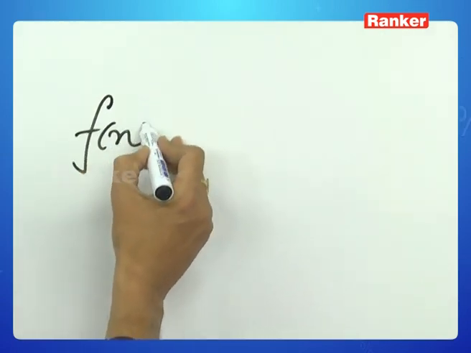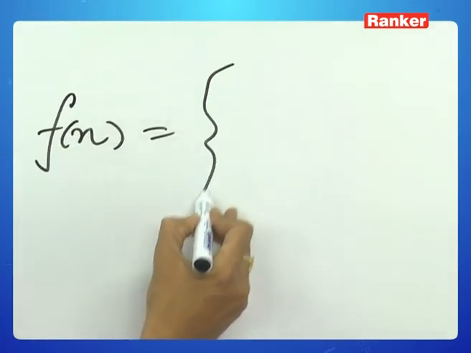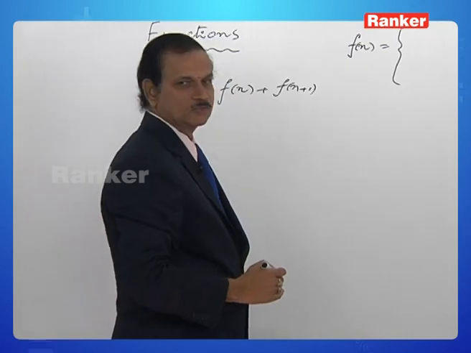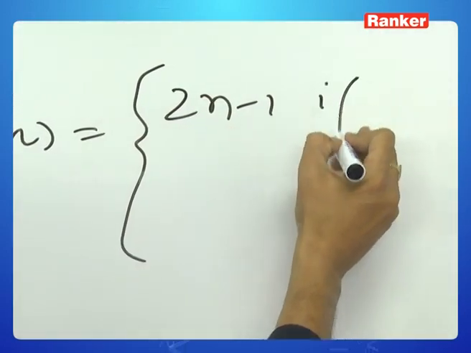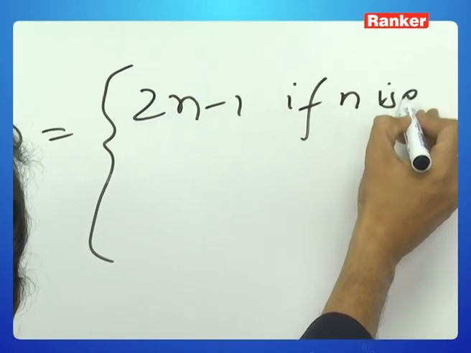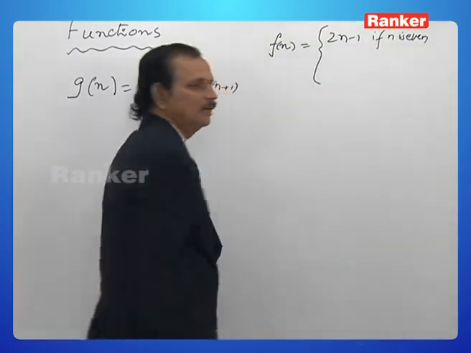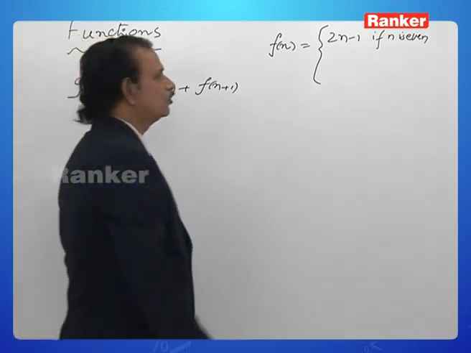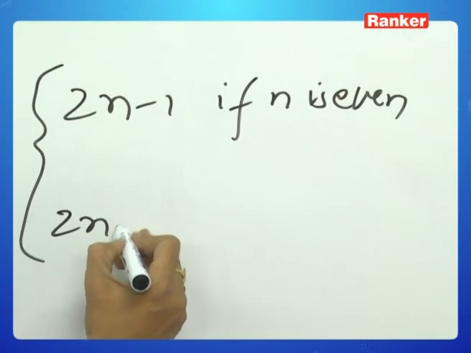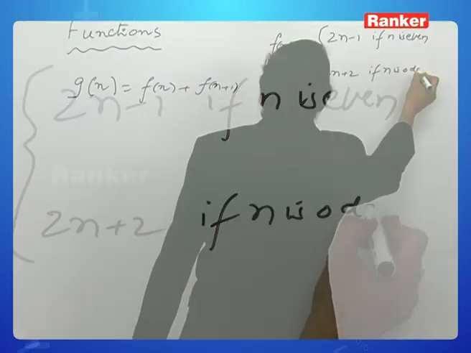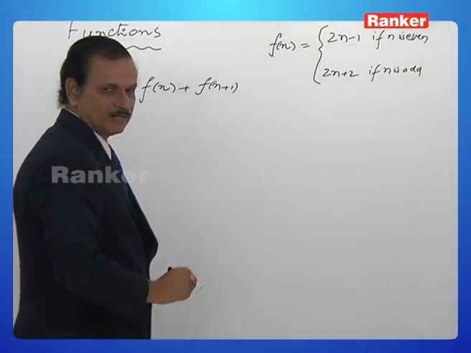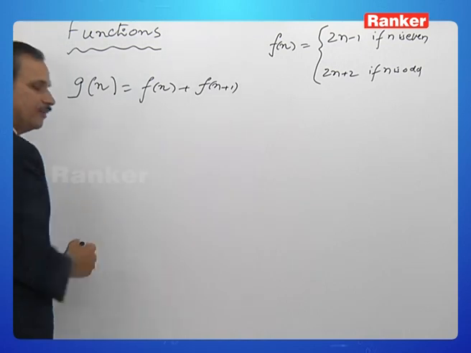F of n is equal to, it has two answers. The first one is 2n minus 1 if n is even. And the other answer is 2n plus 2 if n is odd.